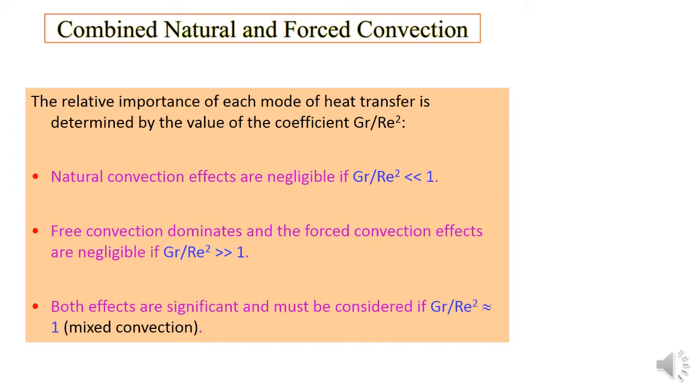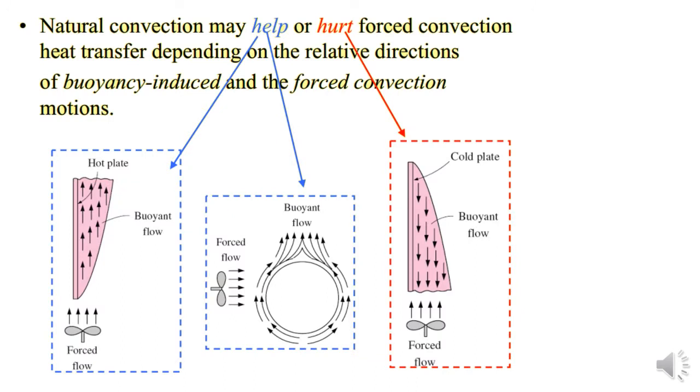Both effects are significant and must be considered if Grashof number over Reynolds number squared is approximately equal to 1. So for this case, we need to consider both natural convection and forced convection.